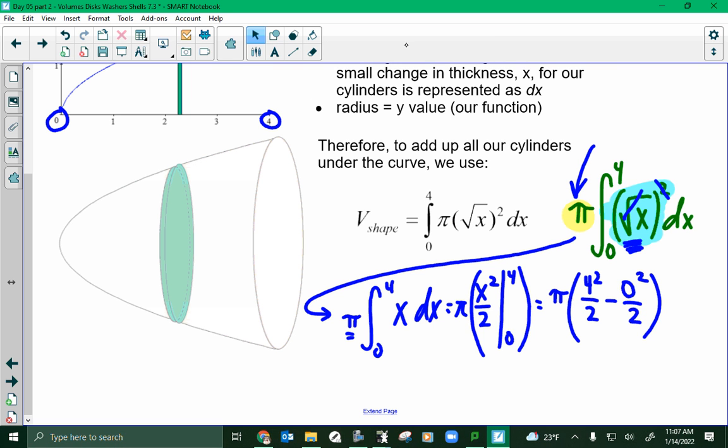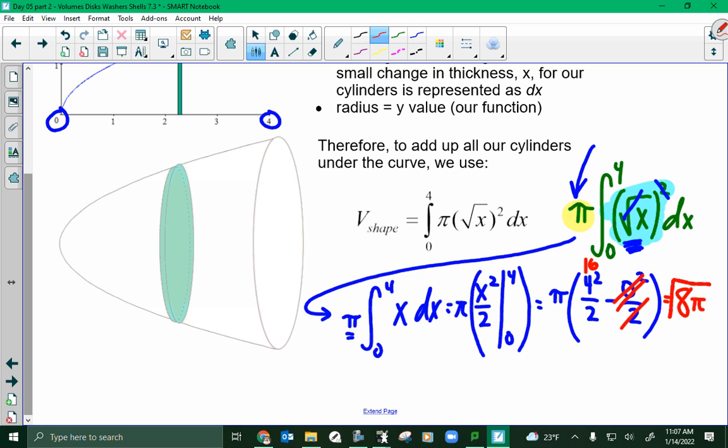Love putting zeros in. It makes things go bye-bye. 4 squared is 16 over 2. So I end up with 16 divided by 2, which is 8, times pi. So I end up with 8 pi. That should be my answer.